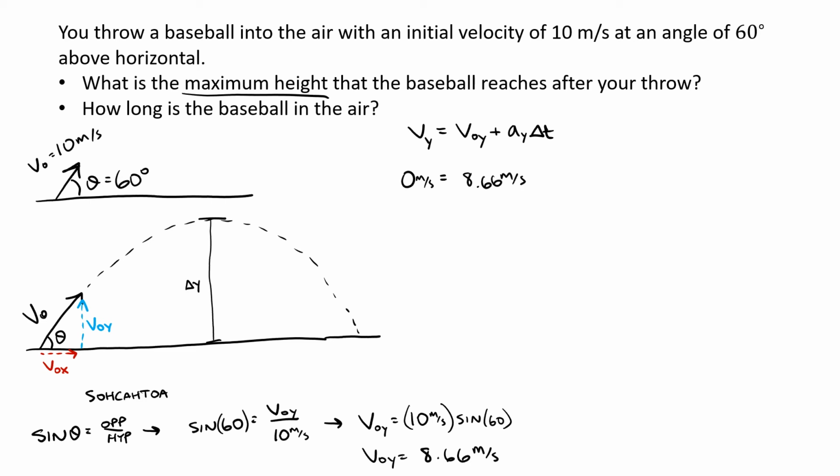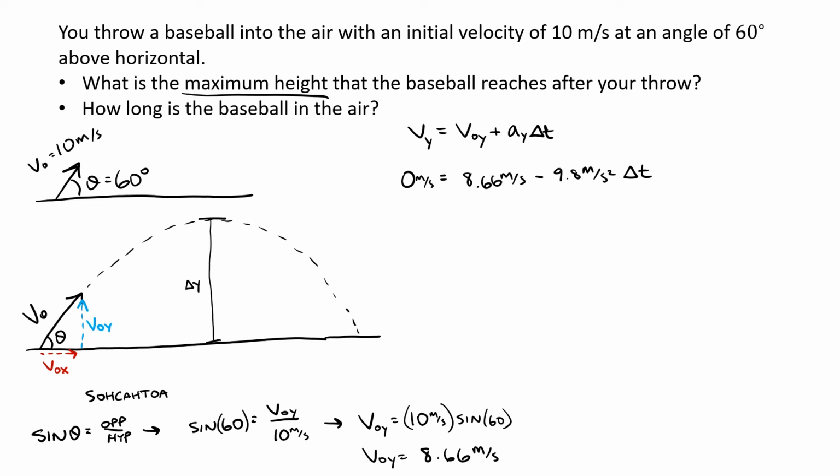And we could put in gravity as well. I'm going to make that negative 9.8 meters per second squared. And this will actually tell us, it's not going to give us the value of this distance yet.